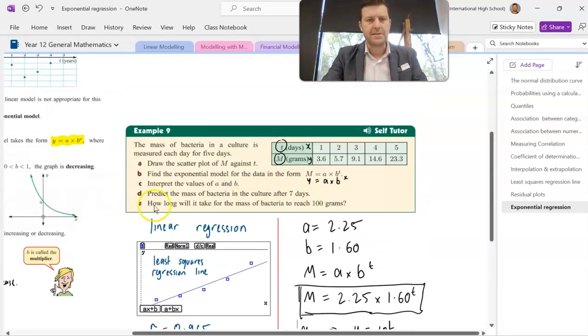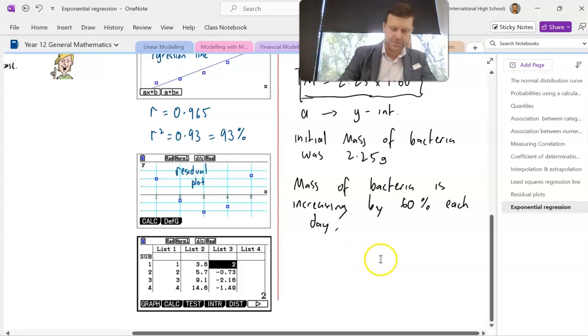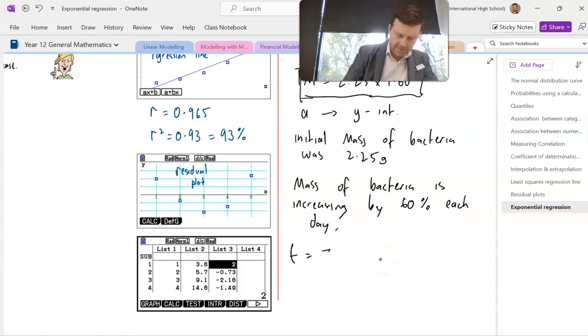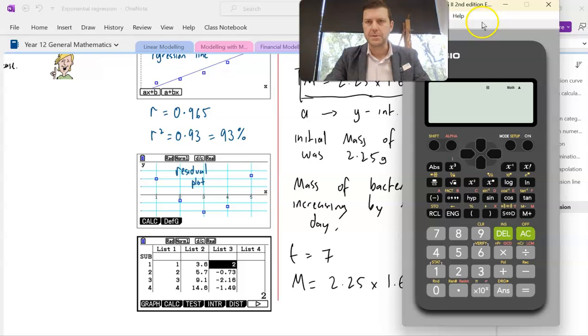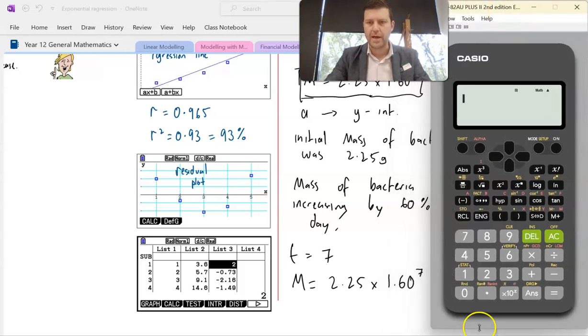All right, it then says to predict the mass of bacteria in the culture after 7 days. So to do that, all we're going to do is substitute in T equals 7. So T equals 7, substituted into our equation, which was M equals 2.25 times 1.60 to the power of T. In this case, it's to the power of 7. So go ahead and throw that on your calculator. I'm just going to do that on my normal calculator.